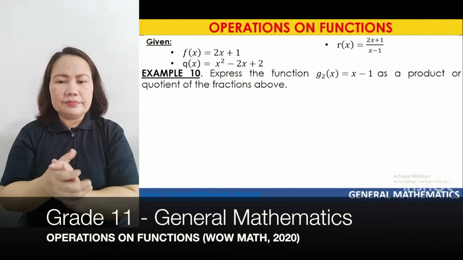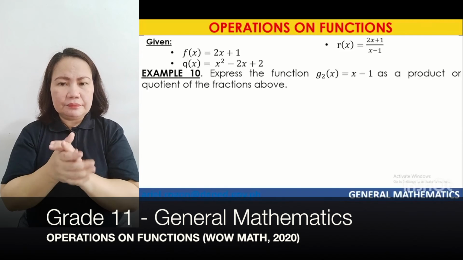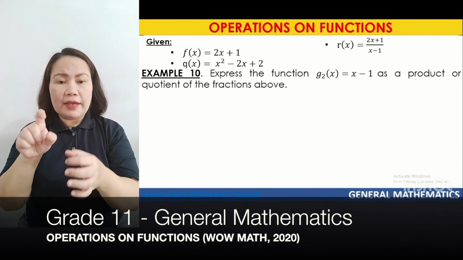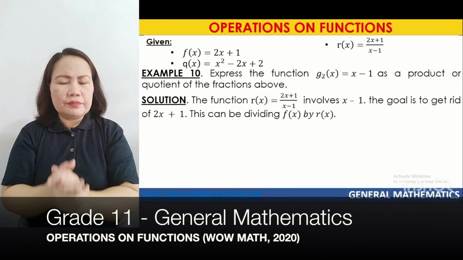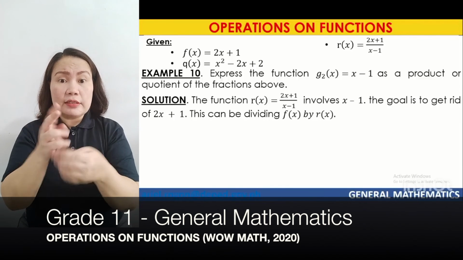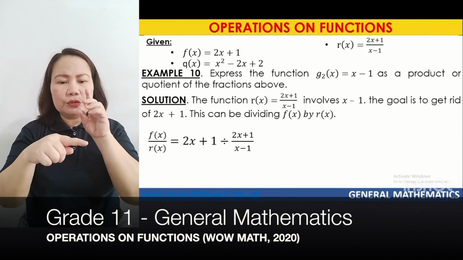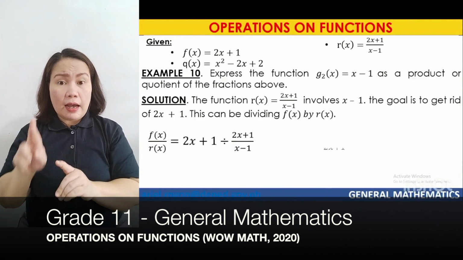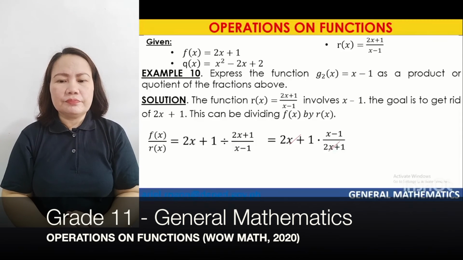Okay, there's more. Express the function g2 of x is equal to x minus 1. Which one could it be here? Again, using trial and error, we came up with this one. Let's try to divide f of x by r of x. Let's see.